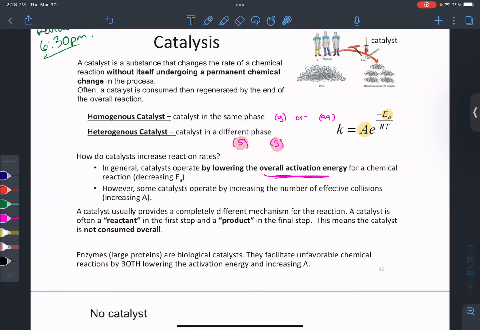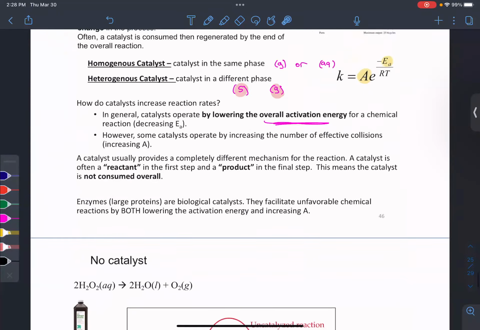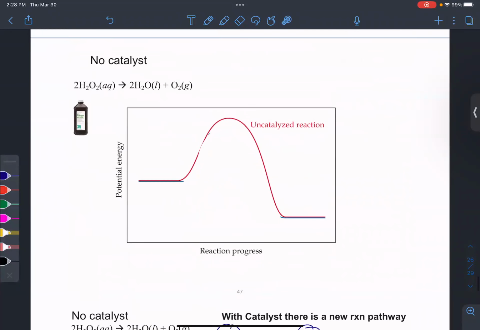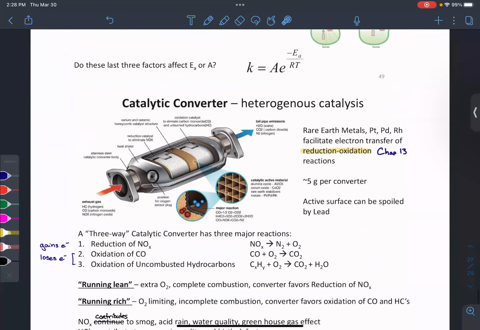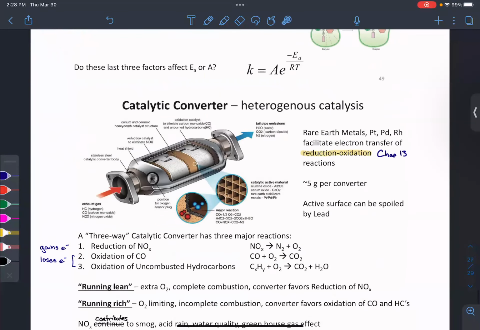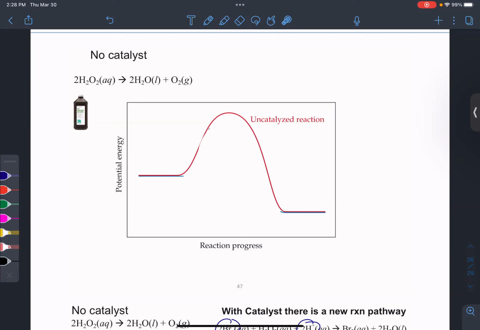All right, and so enzymes are our body's catalysts. But in this class, we don't care about our bodies, we care about cars. And so we'll talk about catalytic converters in a slide. So looking at this reaction, high activation energy. The decomposition of hydrogen peroxide doesn't happen in your medicine cabinet. We know because your bottle of peroxide doesn't blow up spontaneously in that cabinet.